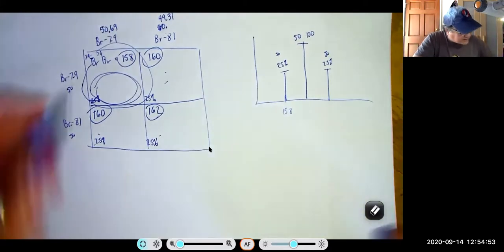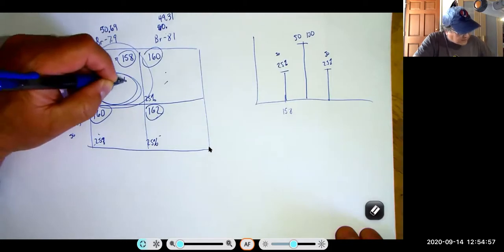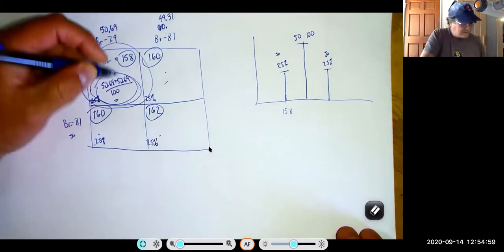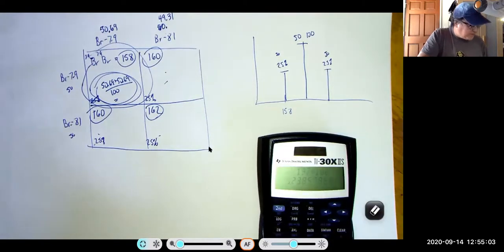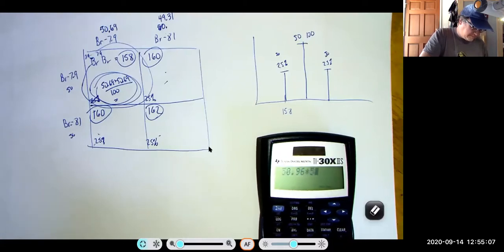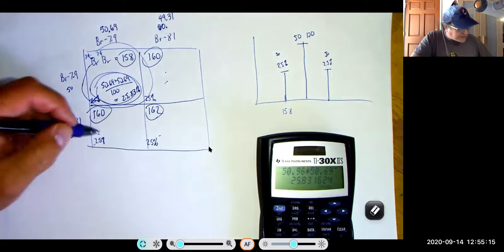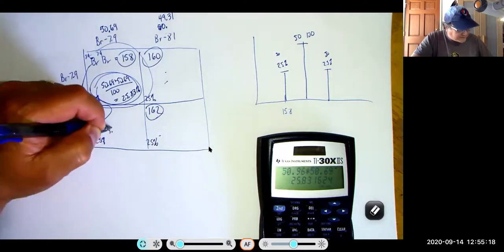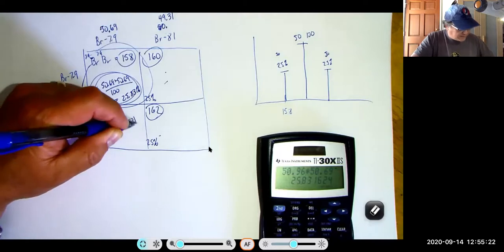Well, it turns out it's 50.69 times 50.69 over 100. And that ends up being 25.83%. And how about this one? This ends up being 50.69 times 49.31 over 100.